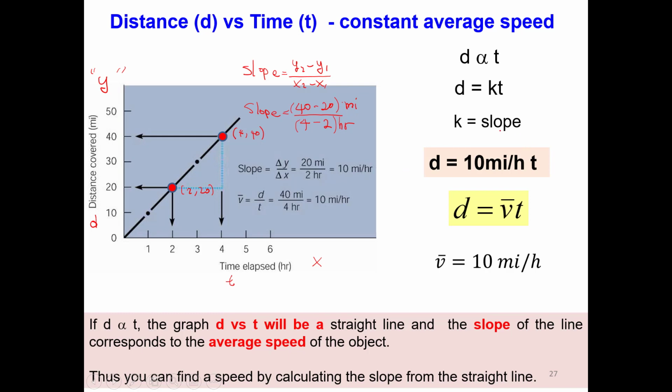Now that we have the slope, we can write the equation that correlates distance and time. This is the general equation, but now we know the slope, which means the k value is 10 miles per hour.